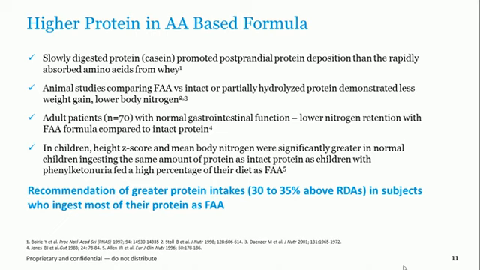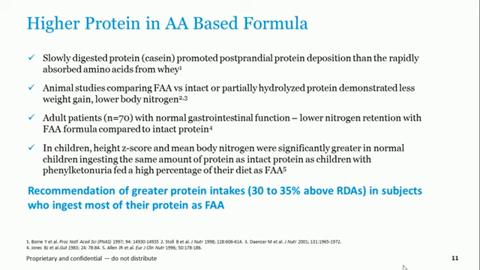Studies have been done, like animal studies, that when they compared free amino acids with intact or even partially hydrolyzed protein, they had less body weight gain, they had lower body nitrogen. Again, in adult patients, the same was shown.